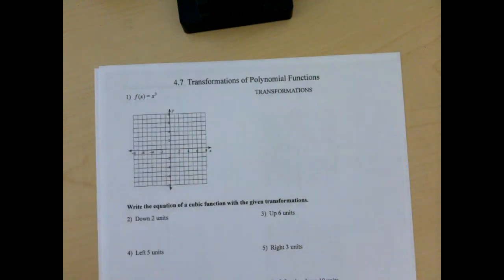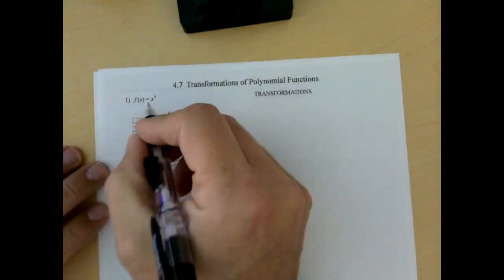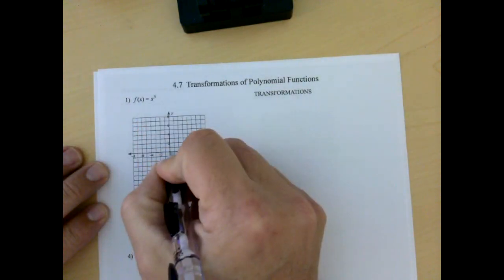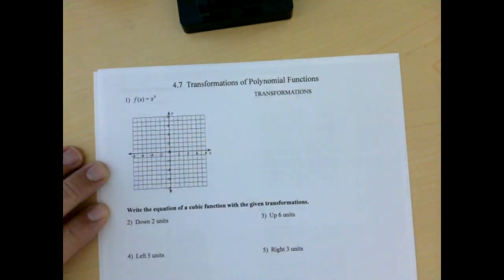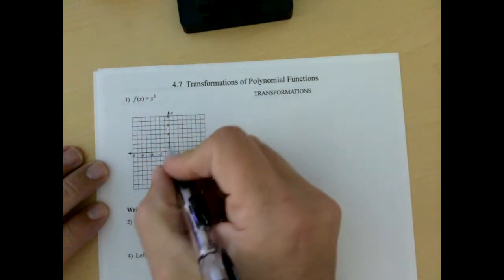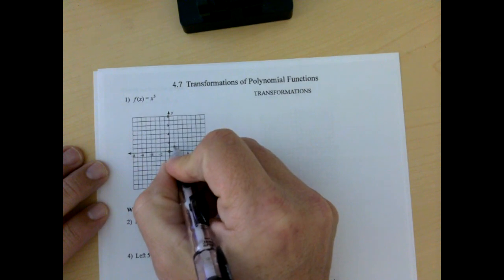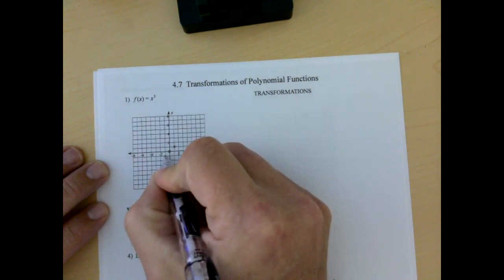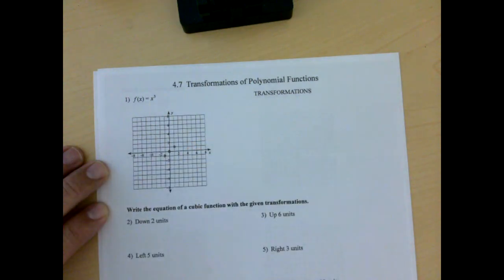Okay, so since it's odd, we know it's going to point in opposite directions, and this is the most basic polynomial function we can have. So you plugged in a 0, you get a 0. So this graph, and you could use a calculator, but I'm not going to use a calculator for this. When you plug in a 1, you get a 1. If you plugged in a -1, you get -1. So -1 times -1 times -1 is the outcome of -1.